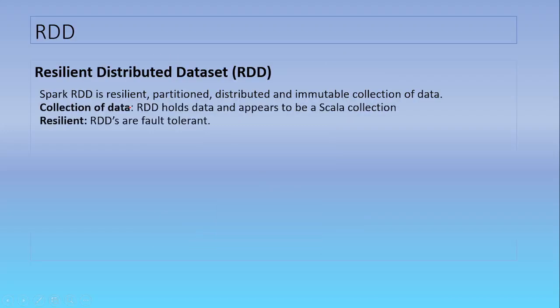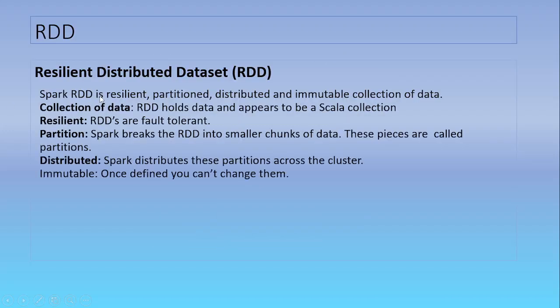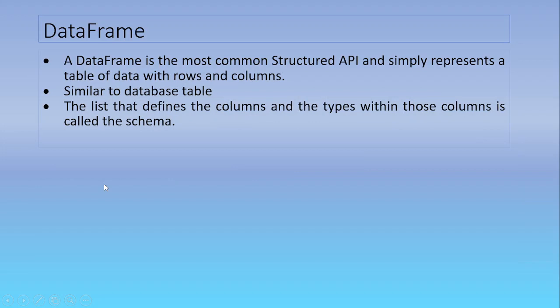So data frame obviously has all these points. Additionally, a data frame looks like a structured API. If you ask how a data frame looks, it looks simply like a table with data which has rows and columns.